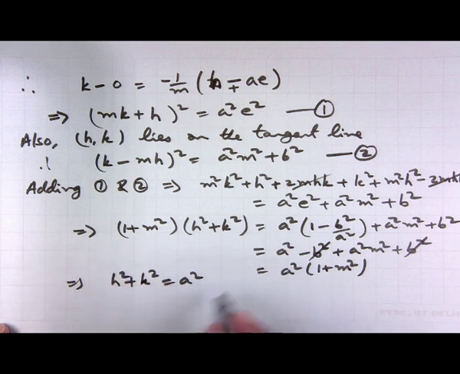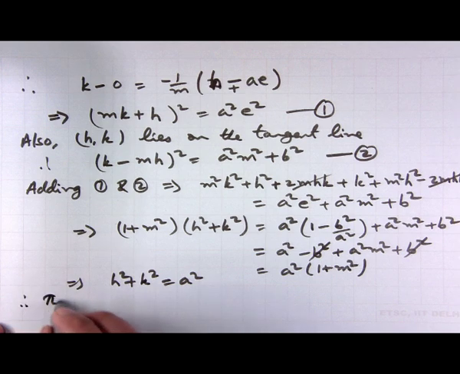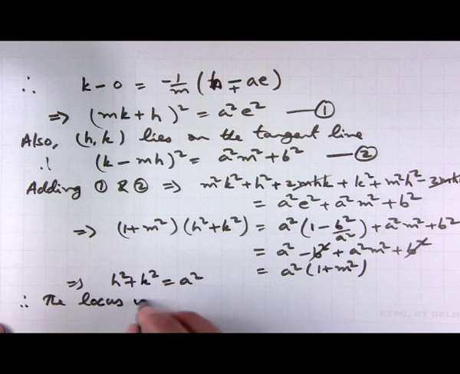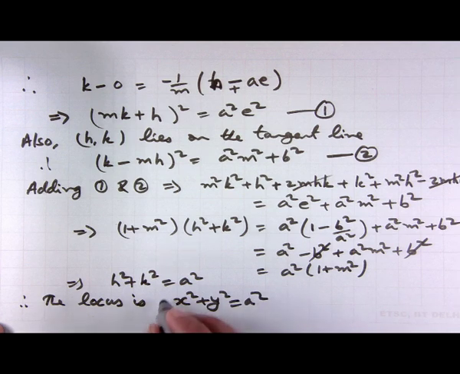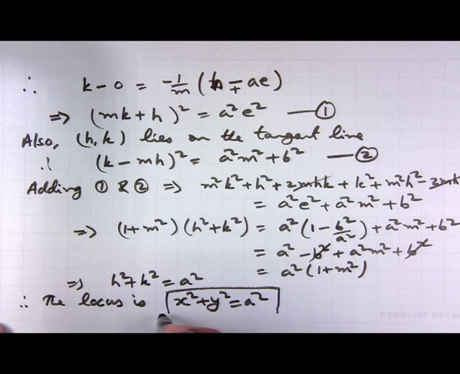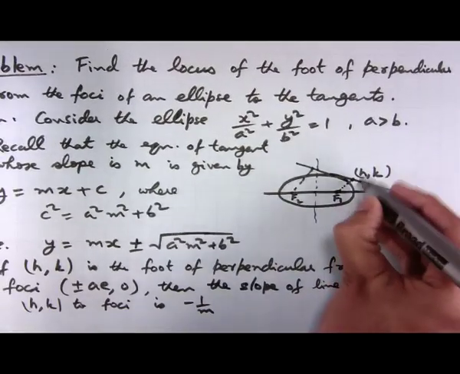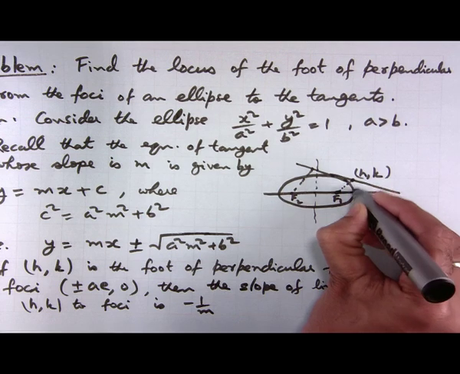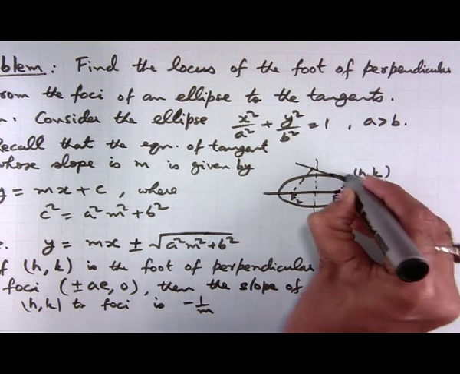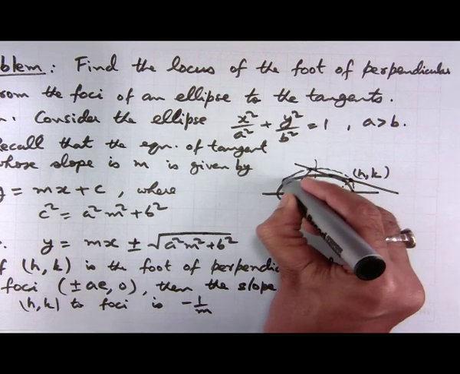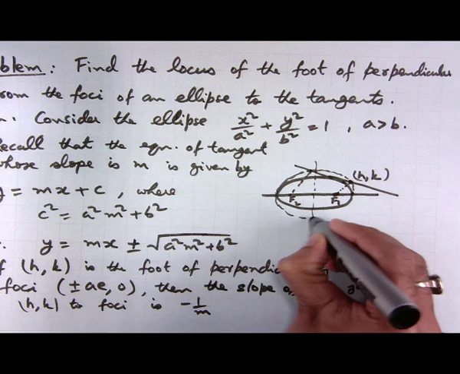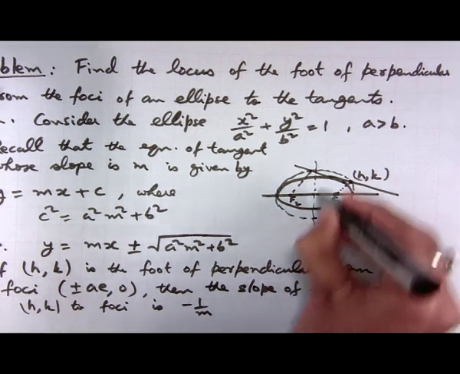Since this is true for any h comma k which is foot of the perpendicular, therefore, the locus is x square plus y square equal to a square. So, in this picture this h comma k lies on a circle of radius a centered at the center of the ellipse.